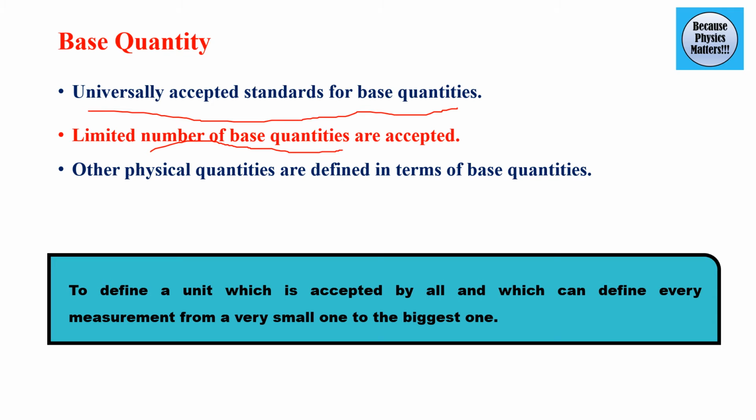By all, I mean everyone will use the same unit, so there must be some standard, and on the basis of that standard the unit can be defined. Also the unit must be such that for a small distance or a large distance, it can easily measure the particular quantity.